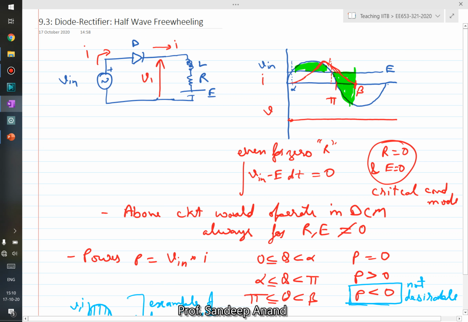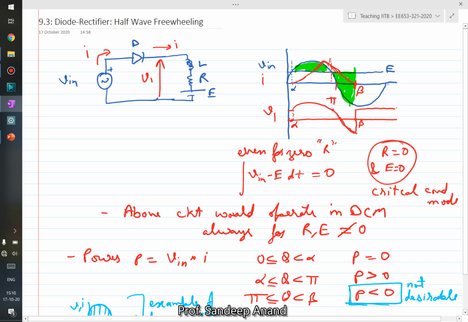So the waveform of V1 is E, since nothing is conducting, right? Then it follows this waveform and it continues to follow this waveform till it stops conducting, and then again it becomes E, right? This is instant beta, this is instant alpha.